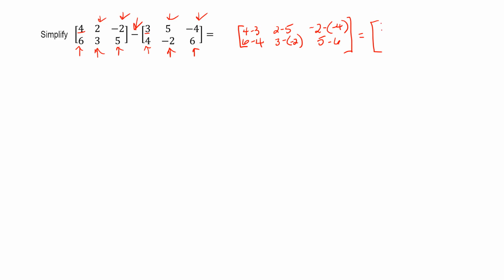So 4 minus 3 is 1, 2 minus 5 is negative 3, negative 2 plus 4 is 2, 6 minus 4 is 2, 3 minus negative 2 is 5, and 5 minus 6 is negative 1. So that is how you would do that subtraction problem.